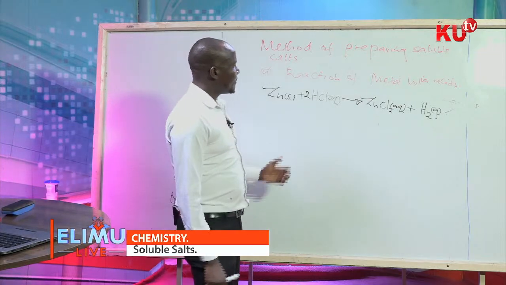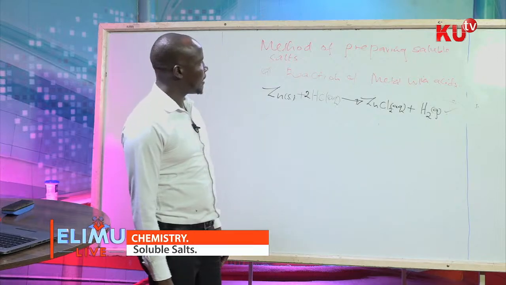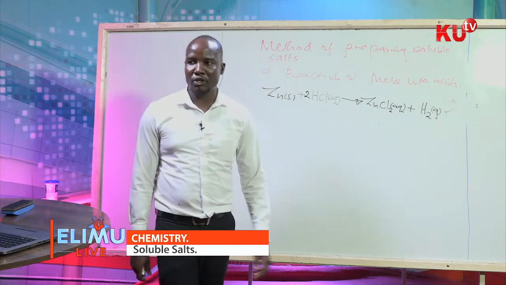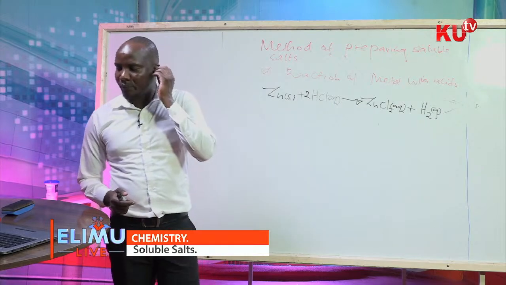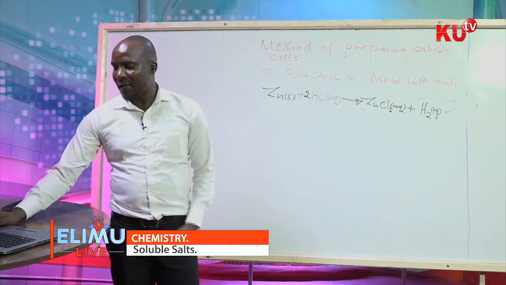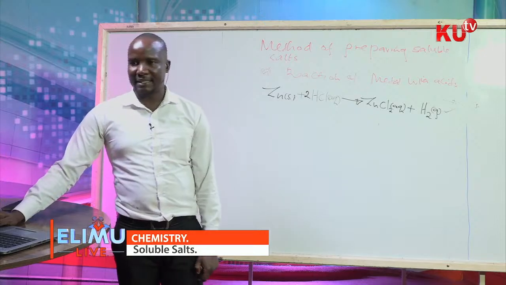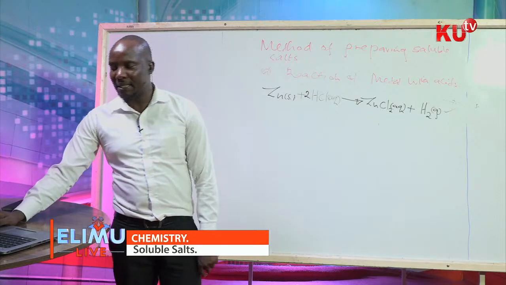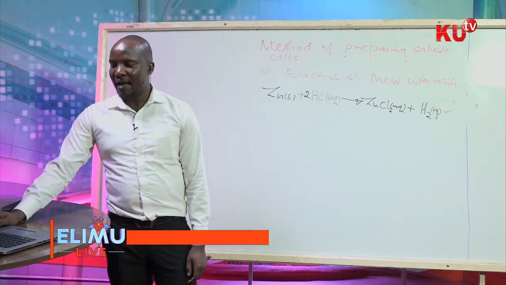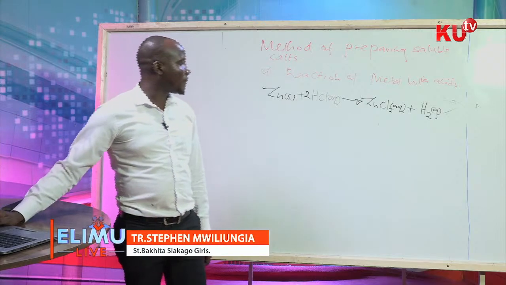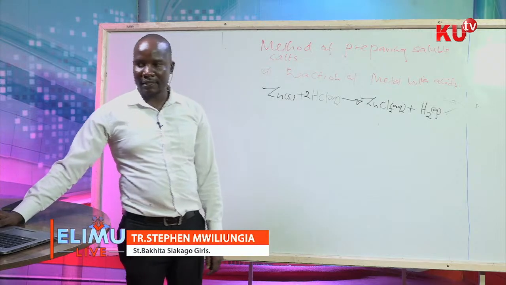Now that is the method of preparing a soluble salt: the reaction of an oxide, that is an insoluble base, with an acid. Other salts can be prepared by the same method.